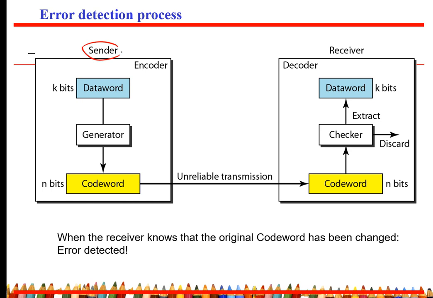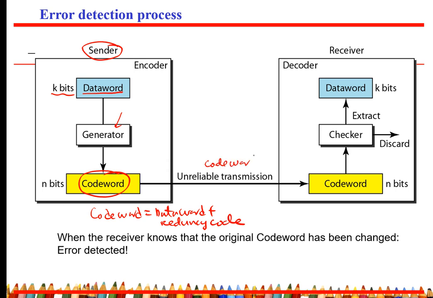For example, in the sender, the data word has k bits, and then some generator generates the code word, with some data word plus some redundancy code. Okay, so the code word will be delivered, not this data word.